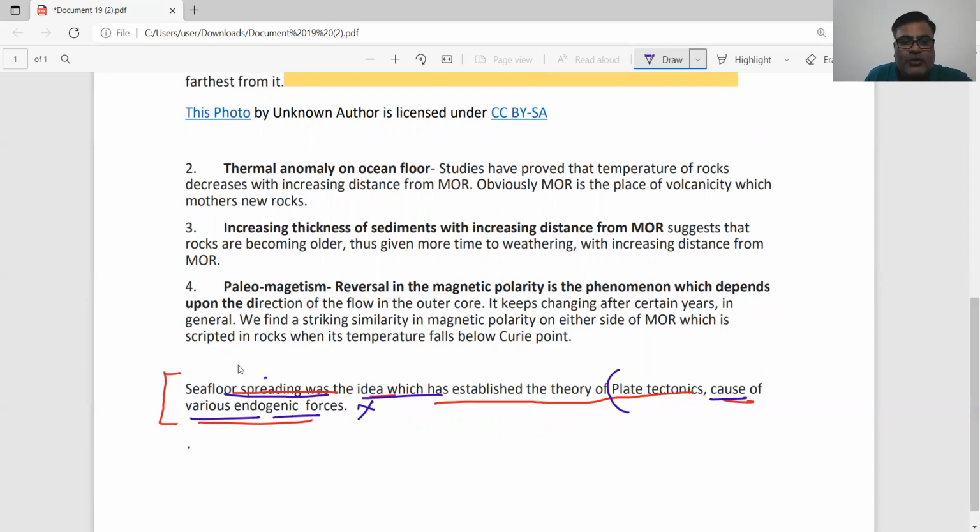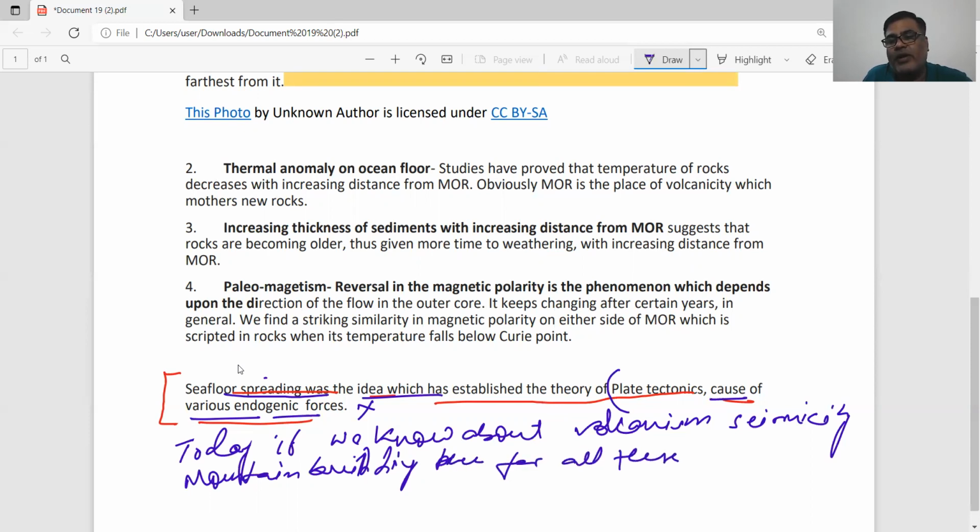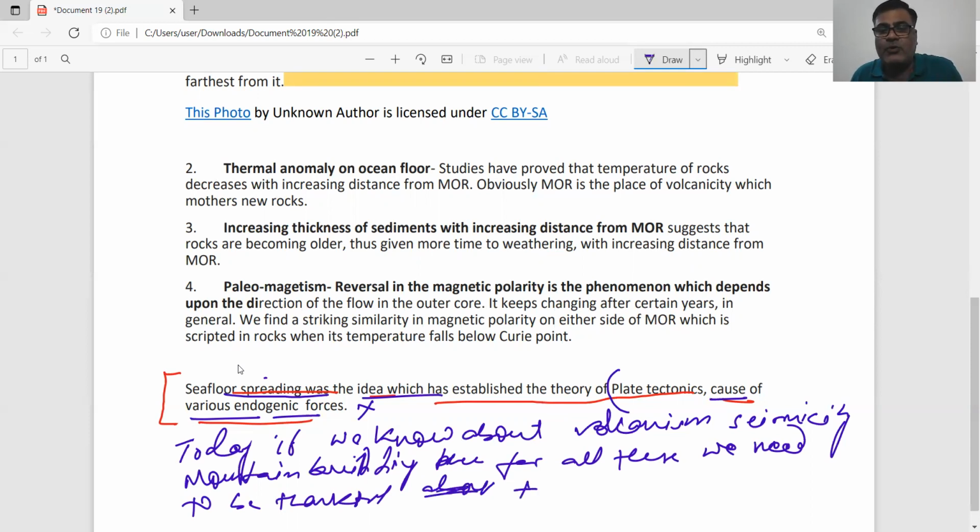And just add that today, if we know about volcanism, seismicity, mountain building processes, then for all these, we should be thankful to the sea floor spreading.